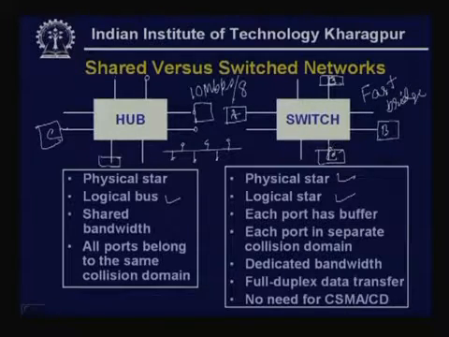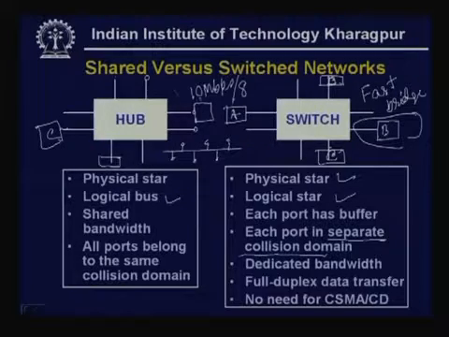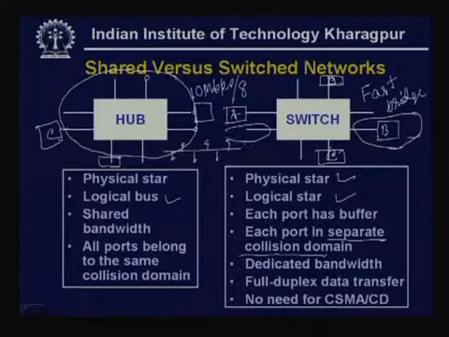The signal is only transmitted to the destination port, where the destination station is connected, and because of that each port has a separate collision domain. Earlier the entire ring had the same collision domain. Here the collision domains are restricted to each of these ports.